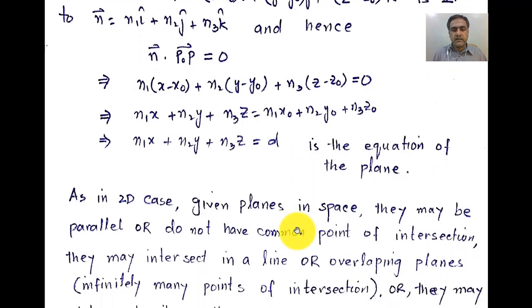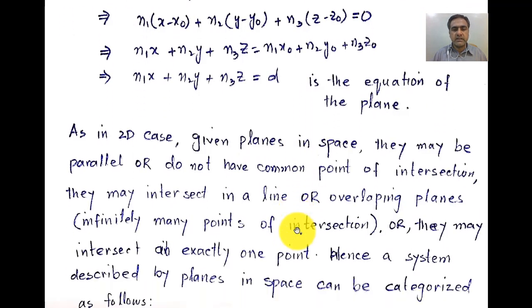Now, as we described in the 2D case, if I have planes in space, then we have the following possibilities. The planes are parallel. For example, if I take these two planes, they are parallel. So it means that they do not have a common point of intersection.